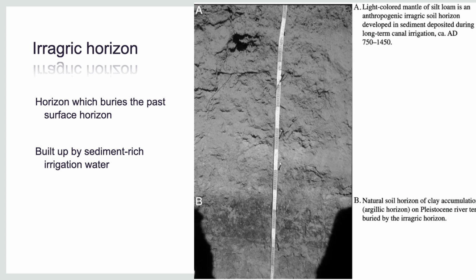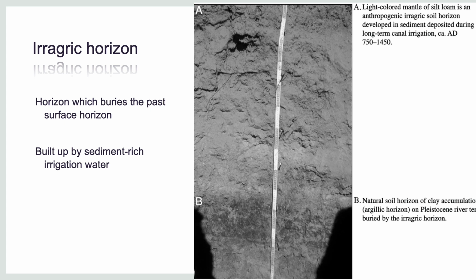Okay, so this picture is not mine. I never saw an irragric horizon at the surface in the field in my life, but you can see here in this picture that I extracted from one article the past soil surface with a darker color, and all this section with more than 20 centimeters is the irragric horizon, a horizon that buried a past surface horizon because of added material from irrigation.